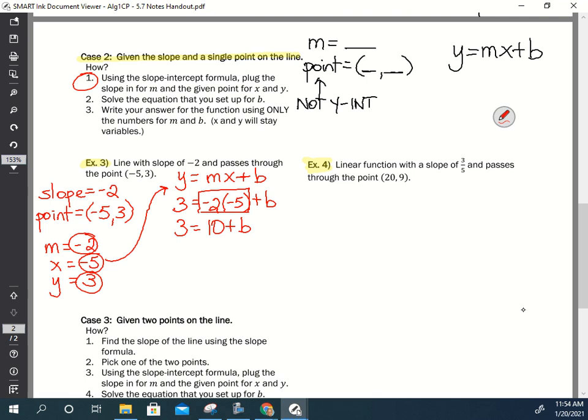But now I've got to get b by itself. So what happens to that 10? We don't subtract 3, we subtract 10. If you subtract 3, you get a positive 7. If you subtract 10, like we're supposed to, you get a negative 7.